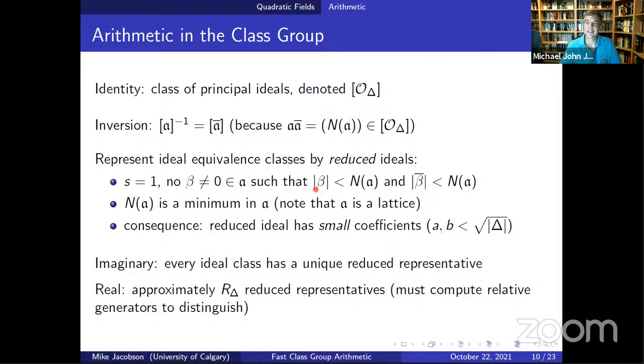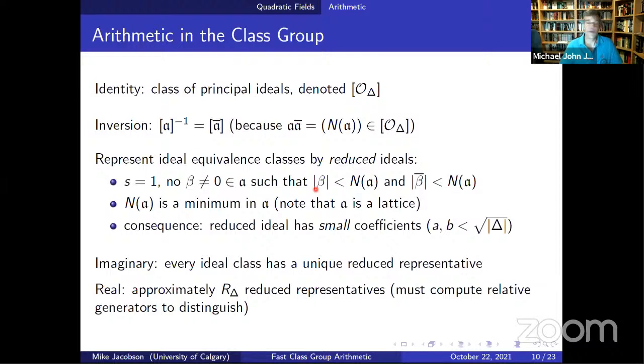What that property is saying is that the norm of alpha is a minimum in the lattice A. All these ideals are two-dimensional lattices. But the main consequence of this is that every reduced ideal has small coefficients, in particular A and B are both bounded by the square root of delta. Okay? And so that's pretty good.